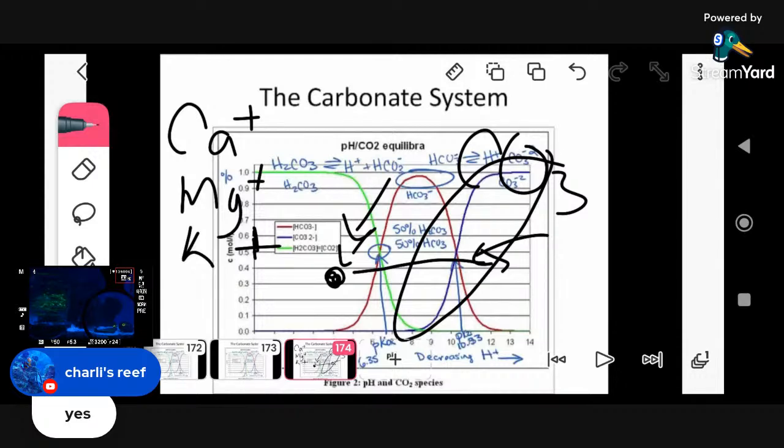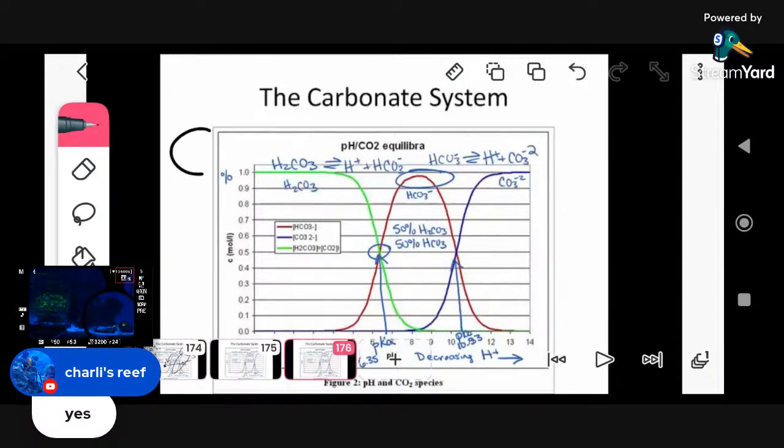So you're taking aqueous calcium and aqueous carbonate, and when you add it to the water, you form calcium carbonate solid, right?